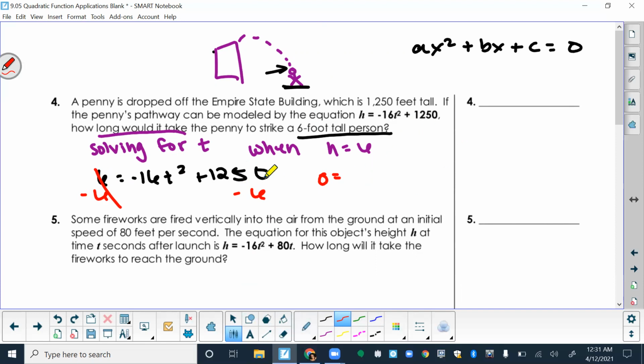I now have to subtract 6 from each side, so negative 16t squared plus 1,244. I'm going to enter this in and see what I get.